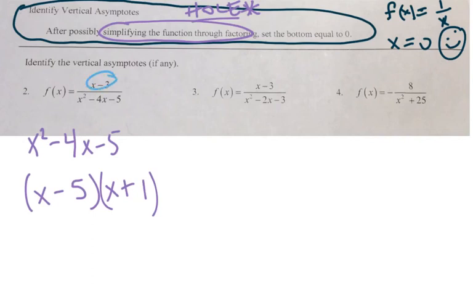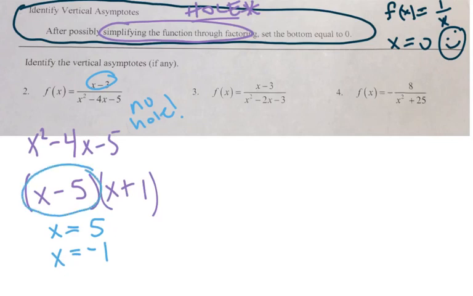So nothing will cancel out. Therefore, there is no hole on this one. Okay, and then we just take these and set them equal to 0 to find out where our asymptotes will be. So our asymptotes are going to be at x equals 5 and x equals negative 1. I just took this factor, set it equal to 0, and then I took this factor and set it equal to 0 and solved for x.